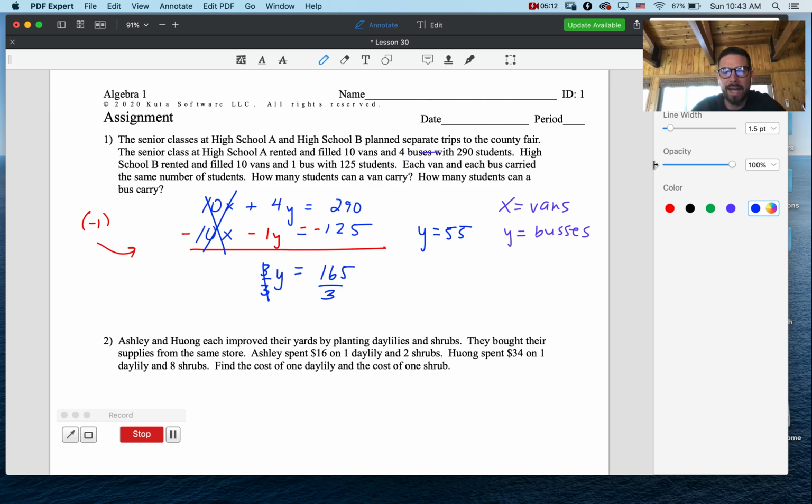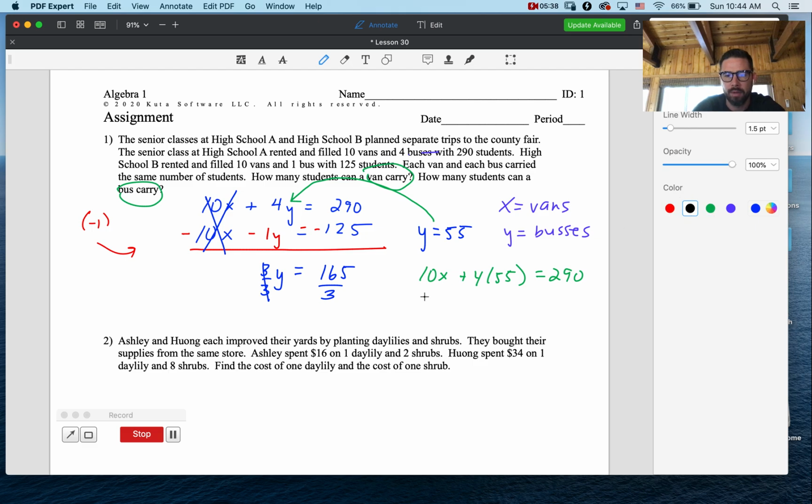Okay, now it asks us really quickly, how many students can a van carry and how many students can a bus carry? So the crazy thing about that is we actually have to figure both out. So if y is 55, we got to plug this back in for y. Okay, so I'm going to say 10x plus 4 times 55 equals 290.